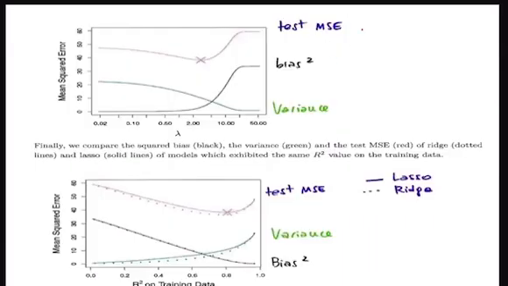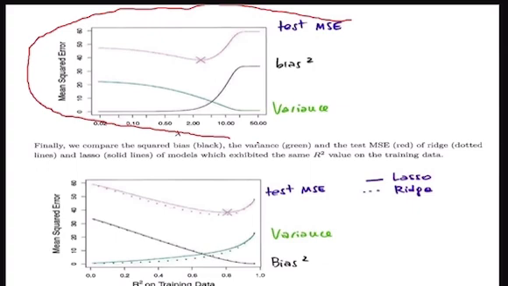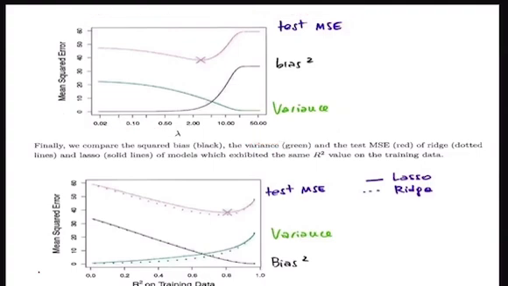Okay, so based on the examples, now let's take a look at this. You happen to be a researcher, you perform ridge, and you have that, and you perform lasso, and you have another one. Now the question is, out of ridge and lasso, which one are you likely going to recommend?